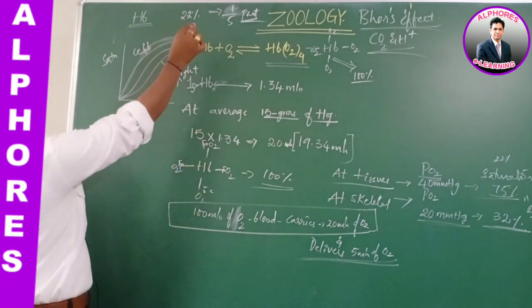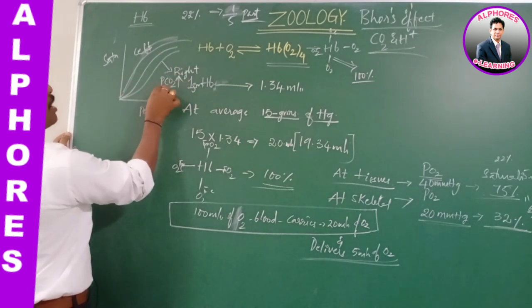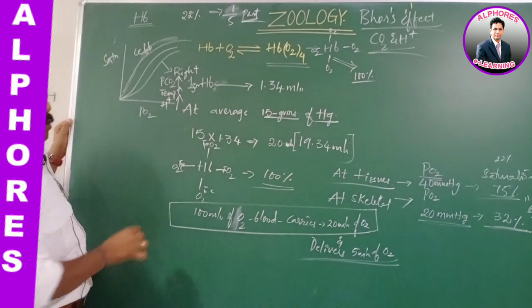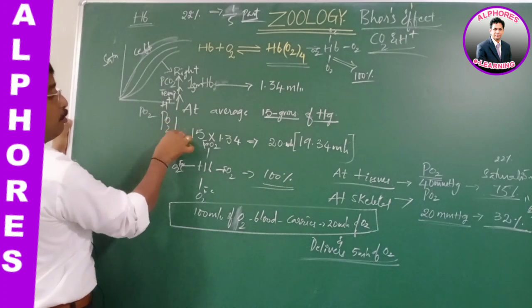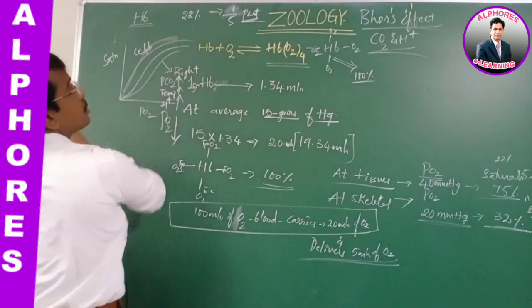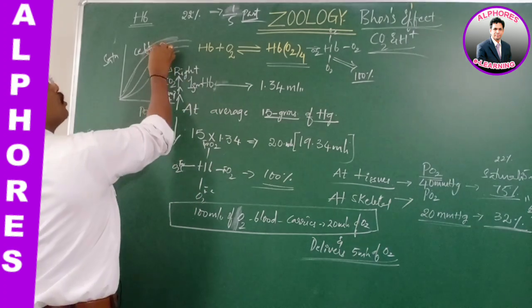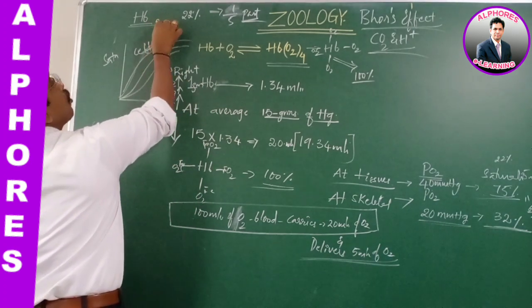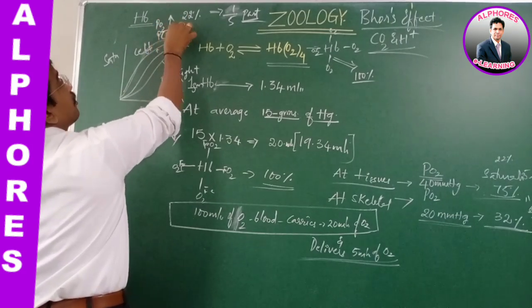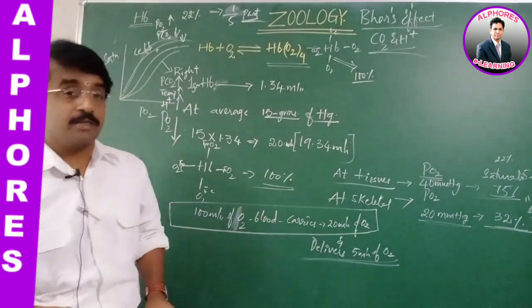So shifting of the curve to the right side indicates PCO2 is more, temperature is more, and hydrogen ion concentration is more, whereas PO2 is low. Shifting of the sigmoid curve towards the left indicates PO2 is more, PCO2 less, temperature less, hydrogen ion concentration less.